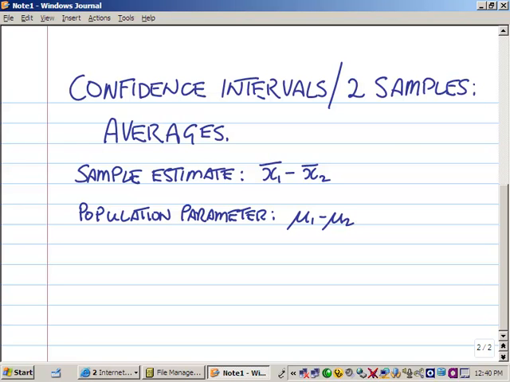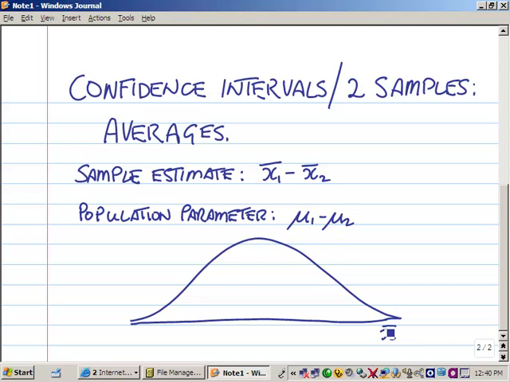And the central limit theorem holds here too. So if the samples are large enough, then x bar 1 minus x bar 2 will be normally distributed around mu1 minus mu2. Alright, so for sufficiently large samples we get this approximate normal distribution.